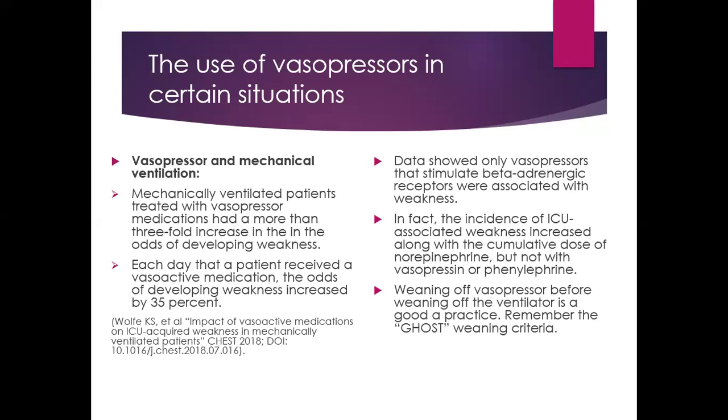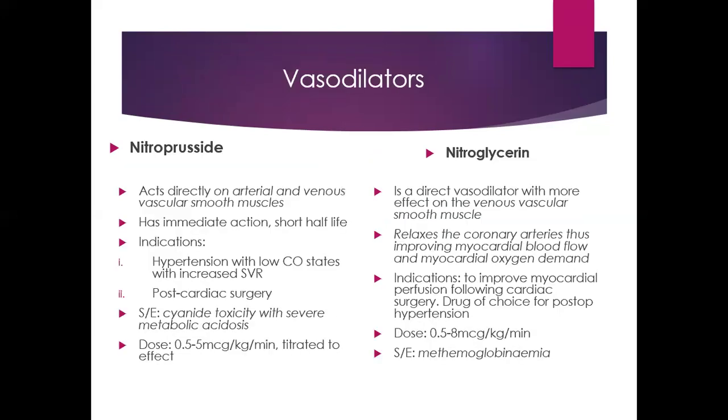S talks about the patient having passed the spontaneous breathing trial or rapid shallow breathing index score, and the patient must have a temperature less than 37.5, so at least the patient is not febrile. So these are some of the controversies and contributions about the use of vasopressors in patients on mechanical ventilation.